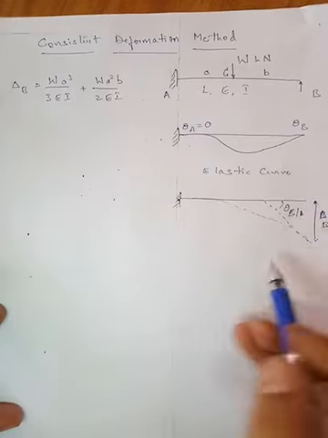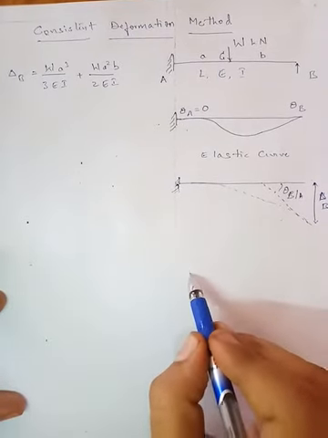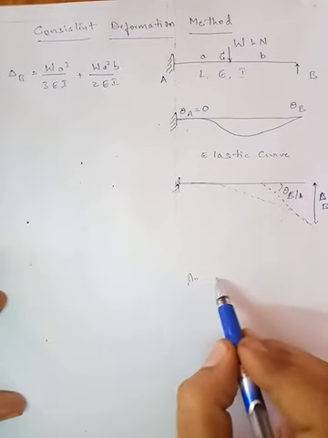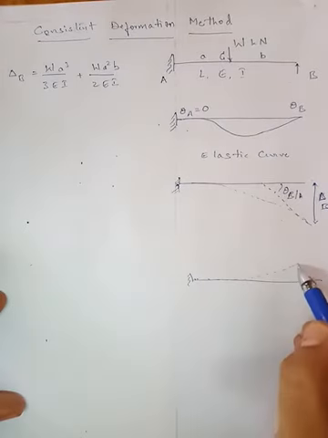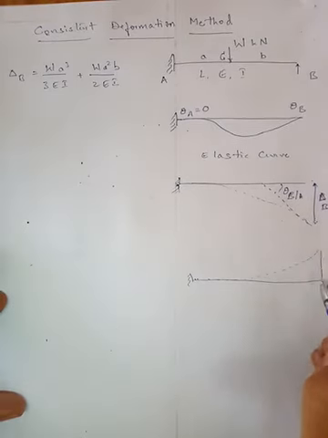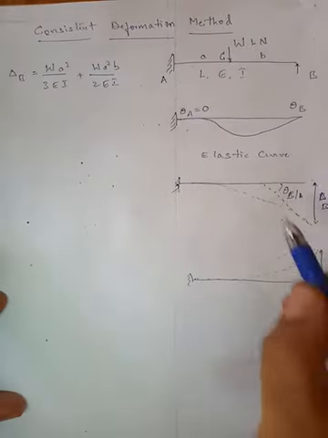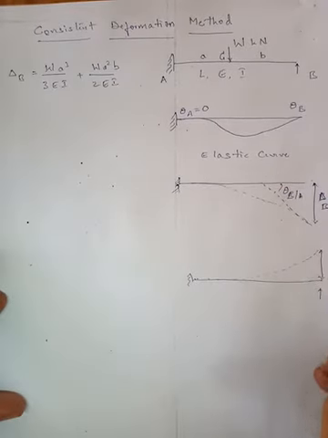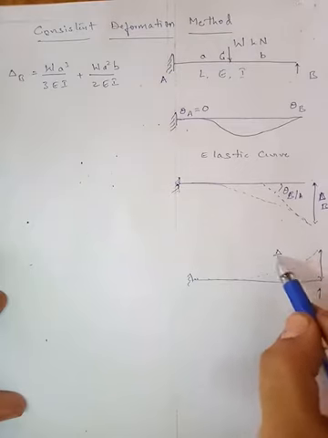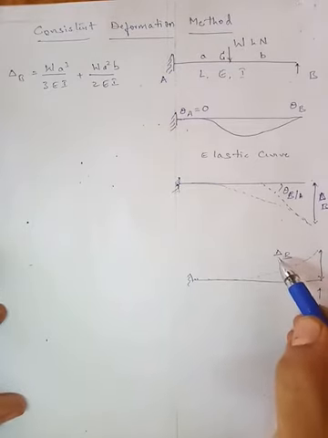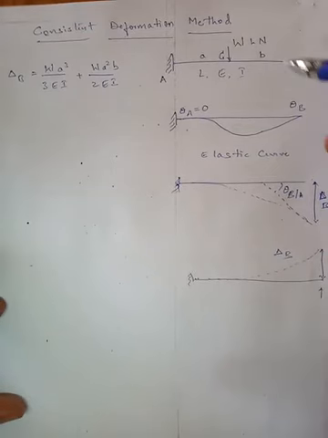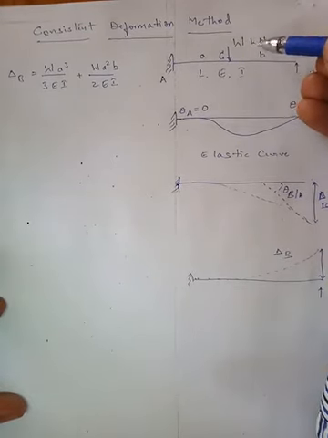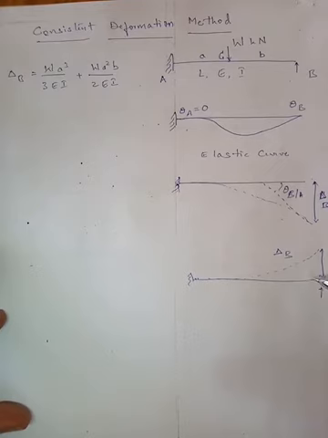So how much force should be applied? Say here we are going to write the same. If there was no force, only the support reaction at B, this would be the delta B. How much should be delta B? Delta B should be that much, which would be caused by load W when there was no support reaction.